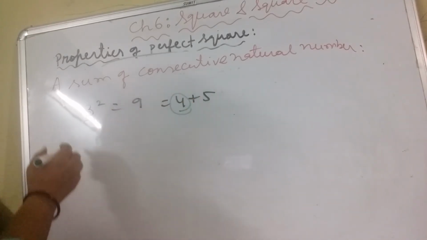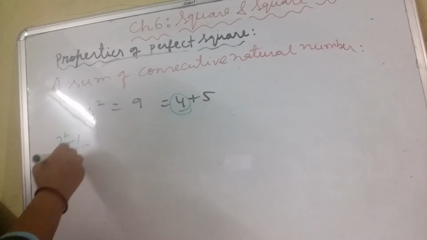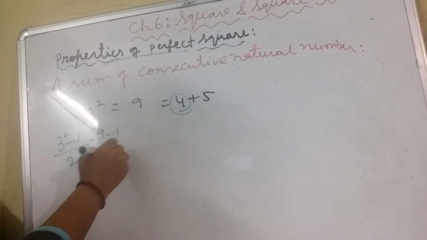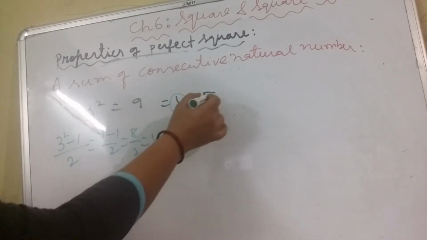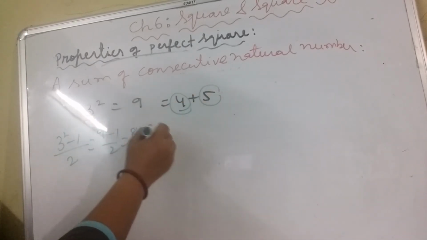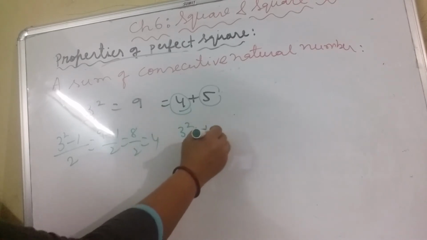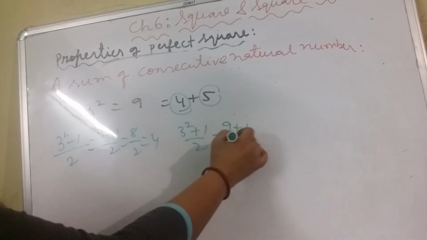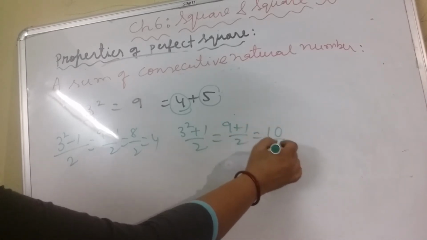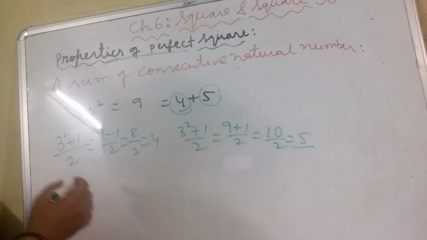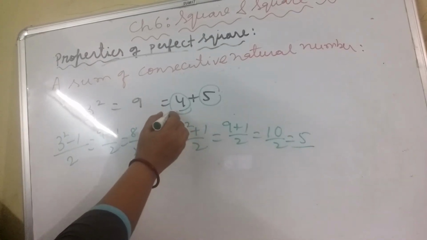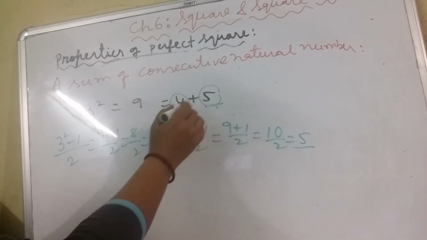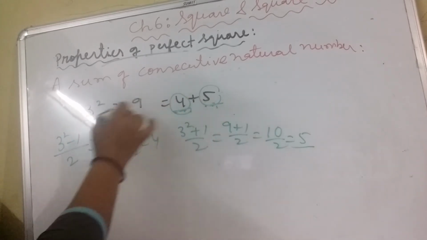This 4 we get from (3 square minus 1) by 2, that is (9 minus 1) by 2, 8 by 2, equals 4. And for 5, we get (3 square plus 1) by 2, so (9 plus 1) by 2, 10 by 2, it is 5. So the square of any odd number can be expressed as the sum of two consecutive positive numbers. This 4 and 5 are two consecutive natural numbers.